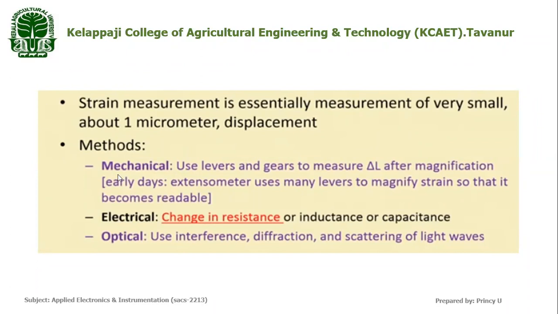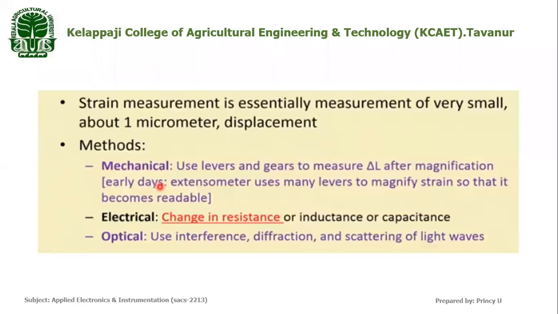So these are the different methods. Either we can measure the strain by mechanical means, electrical means, or optical means. Mechanical displacement can be measured by using some cantilever beams, and to measure the change in length after magnification, that means the cantilever may be extended or deformed by applying some force.